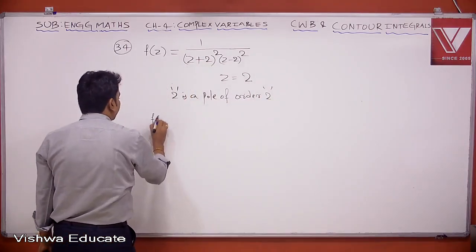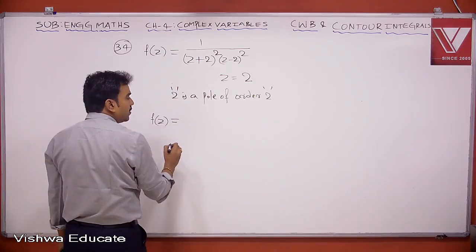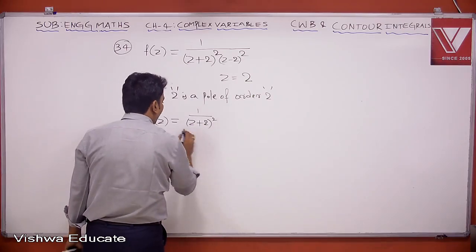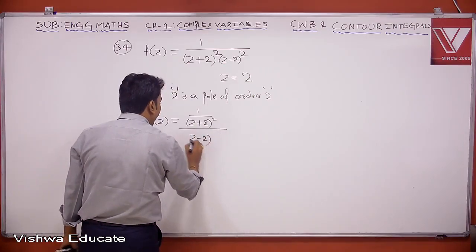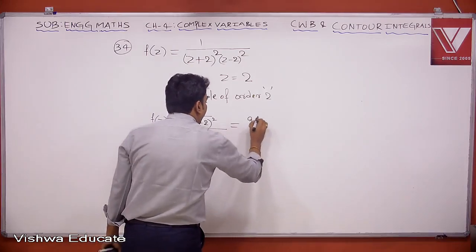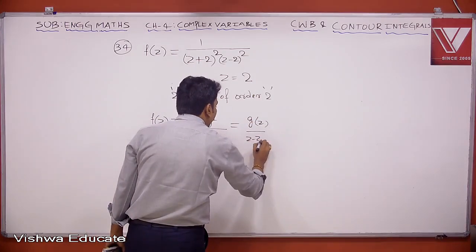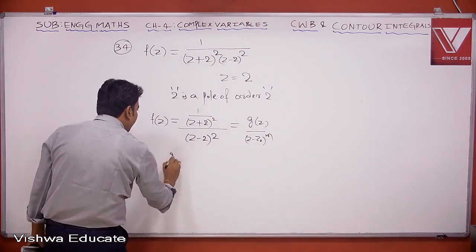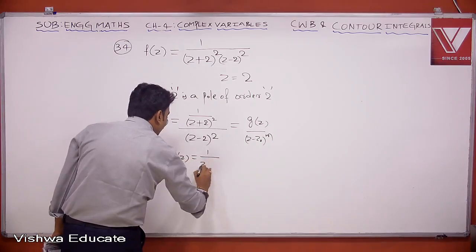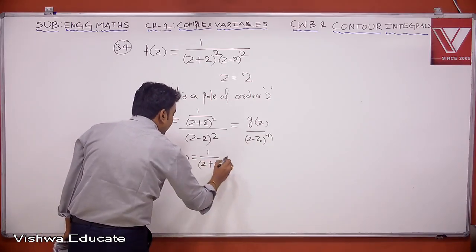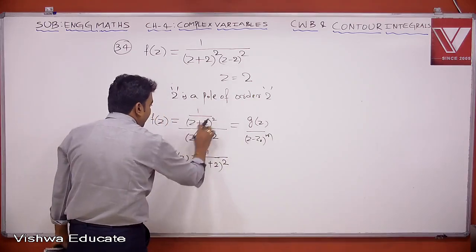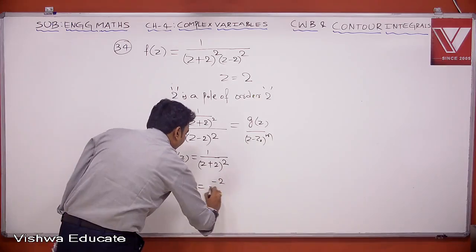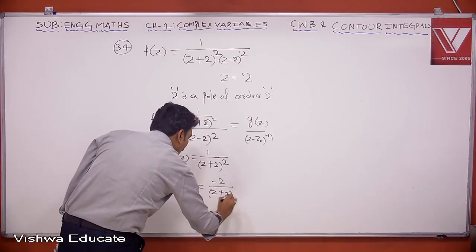Therefore f must be expressed as g of z by z minus z naught whole power m. So we can write it as 1 by z plus 2 whole square divided by z minus 2 whole square. Now this is in the form g of z by z minus z naught whole power m. So here g of z is 1 by z plus 2 whole square. Here power is 2, so differentiate this with respect to z one time. G dash of z equal to minus 2 by z plus 2 whole cube.